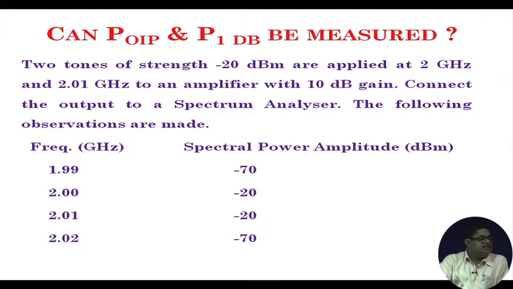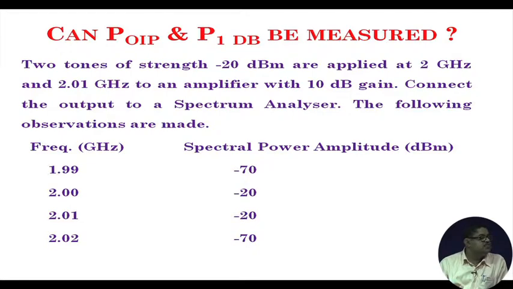Now, the problem is like this: two tones, let us say of strength minus 20 dBm each, are applied, and their frequencies, let us say, are at 2 gigahertz and 2.01 gigahertz. I said in the previous lecture that in a two tone test the two frequencies are distinct, but they are not far off because they should be in a band.